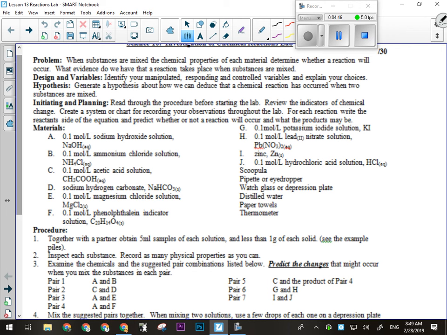So I would say that the if part of your hypothesis should talk about what Dalton says happens in a reaction. So, if in a chemical reaction atoms are blah, blah, blah.